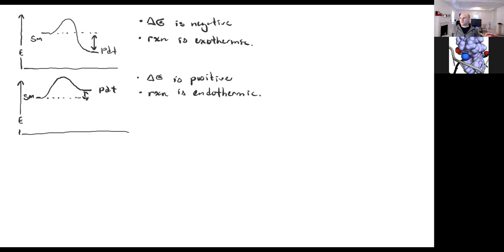Okay. So what we need to do to understand the HCl addition is decouple these barriers, these transition states, from the locations of products and starting material and understand them separately, and then we put them together.